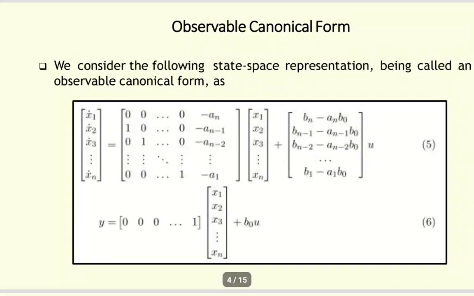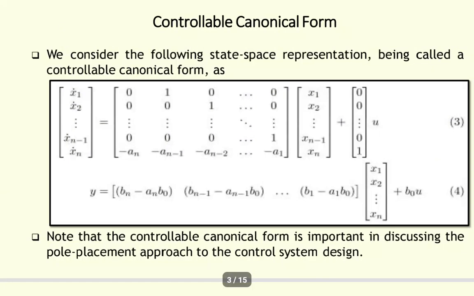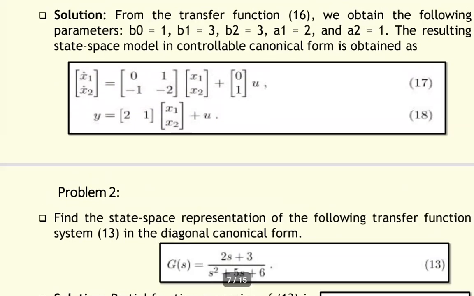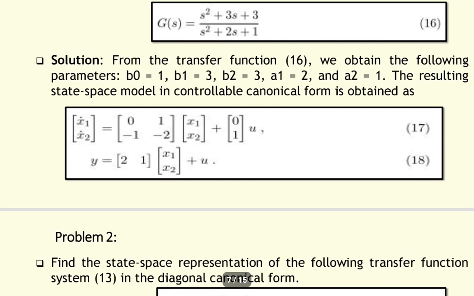What is the formula? That is bn minus an b0, and bn minus 1 minus an minus 1 into b0. So what is my bn? It should be generated as bn minus an b0, where an generates 2, and bn minus 1 minus an minus 1 into b0 generates 1.